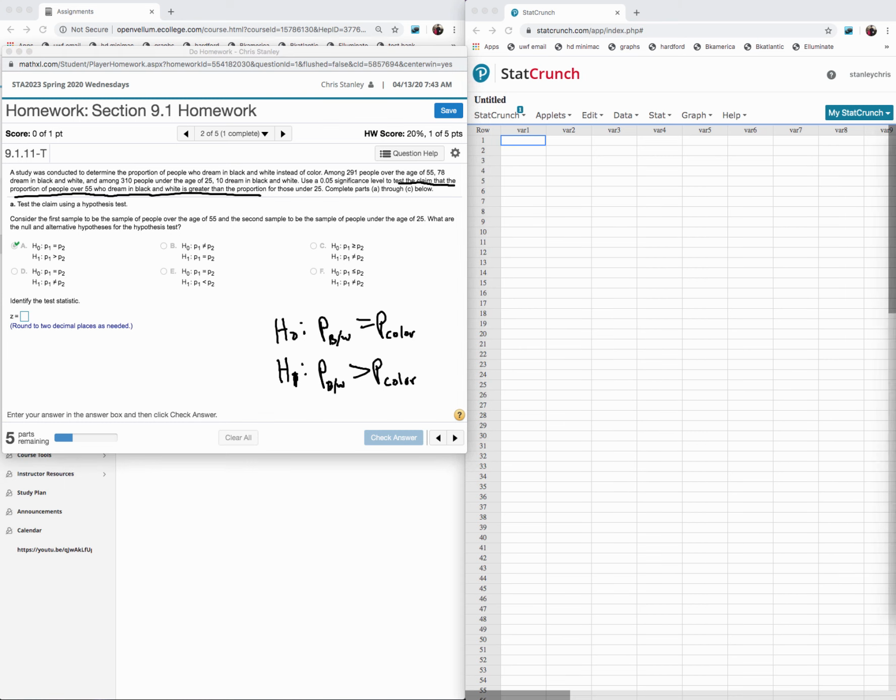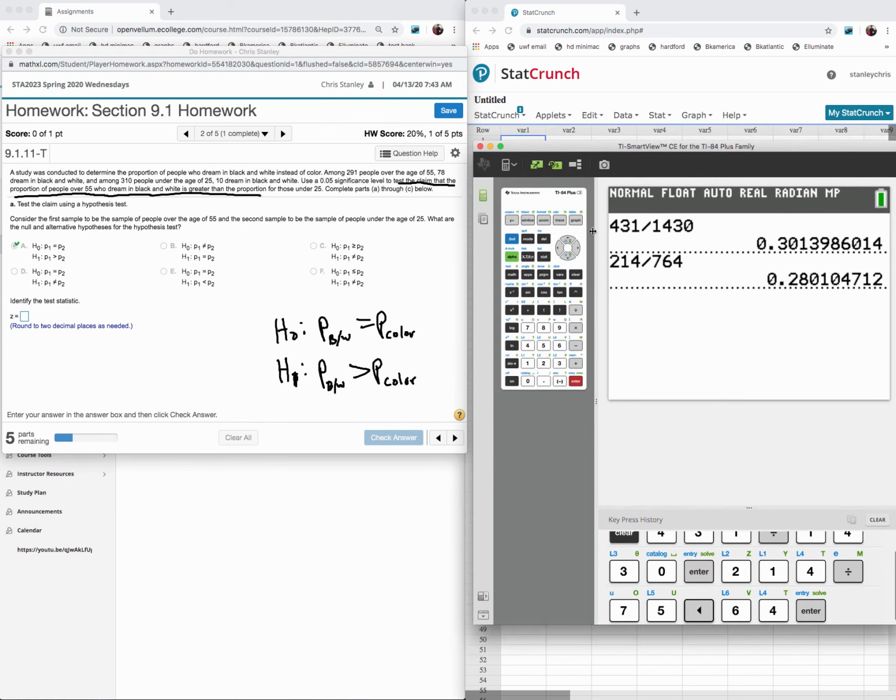And just like last time, let's see if we see a big difference in the proportion from our samples. The overall idea of the test isn't really about the sample. It's not about what happened with these people. It's about everybody. Okay, so in our samples, we have 10 over 310.